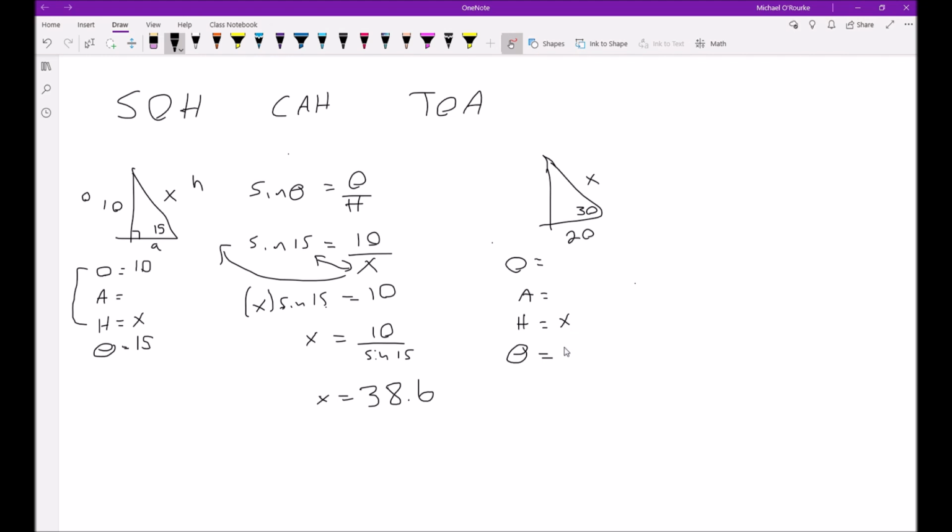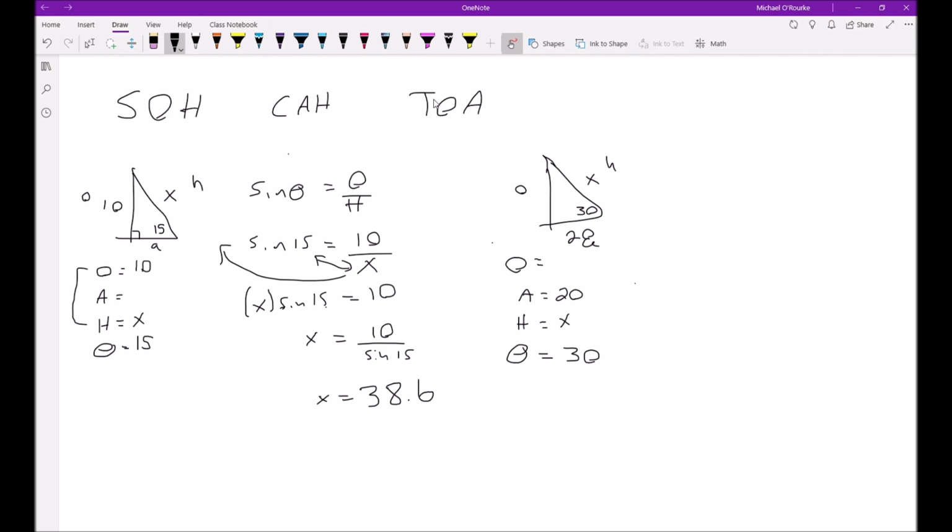And theta, which is 30. And A is 20, right? There is no O this time. If you find yourself getting mixed up, label your triangle first before you try to start putting stuff in. So which ratio are we going to use?